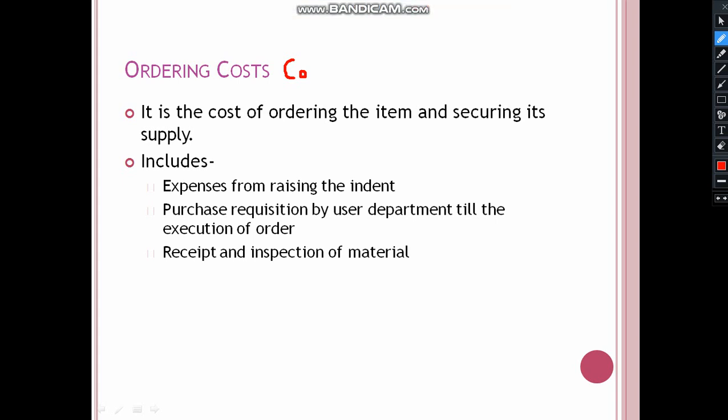Okay, so if we try to draw a graph of ordering cost, on y-axis we will keep the ordering cost, and on x-axis we will keep the order quantity, how much quantity or how many units of raw material we have ordered.